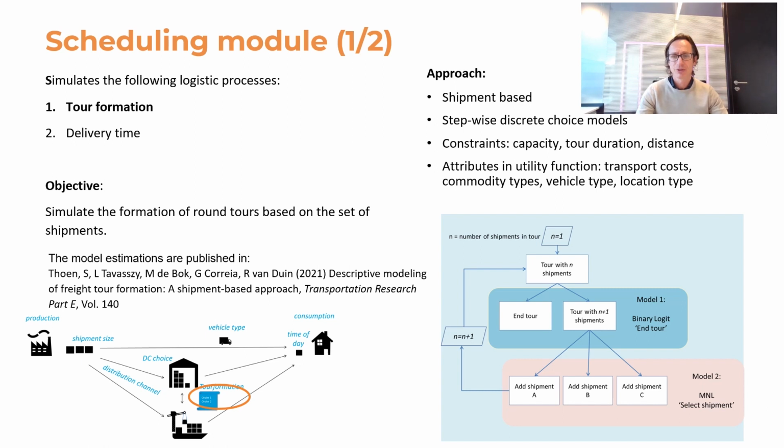It includes transportation cost, commodity types, and vehicle types. And with this framework, we create a set of round tours with a set of shipments that have to be delivered. We also implement a small optimization algorithm to optimize the order of the different shipments that were allocated to one round tour.